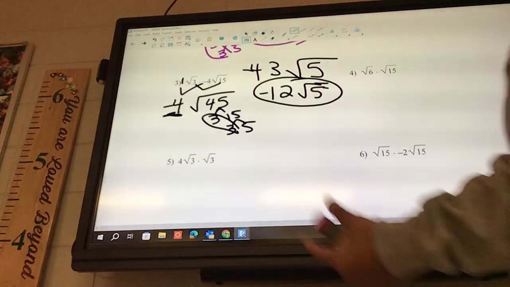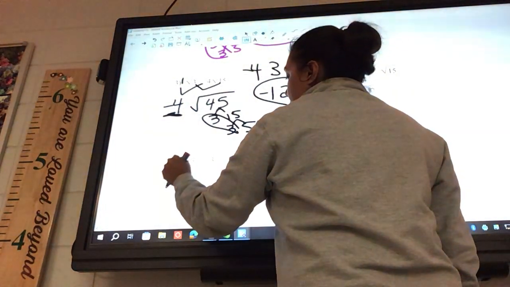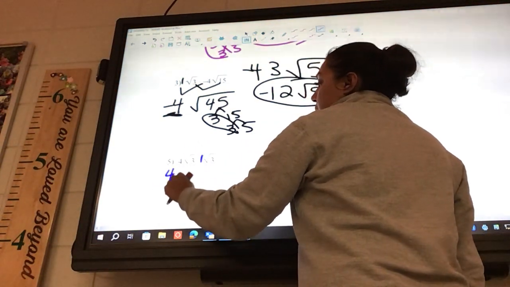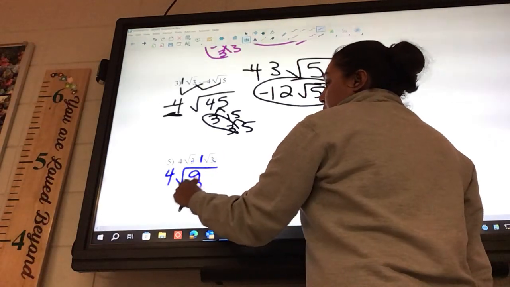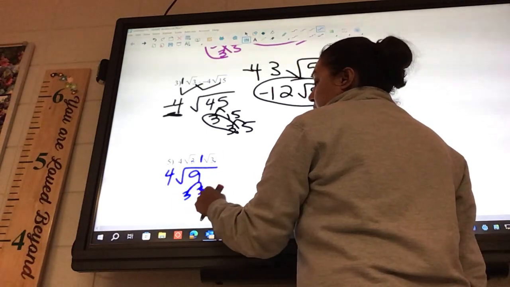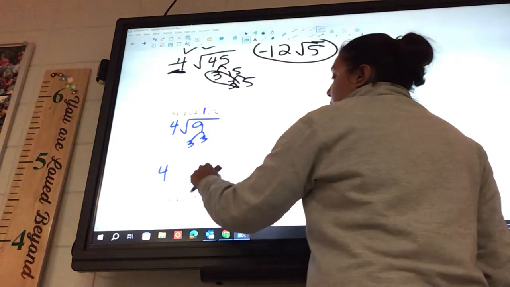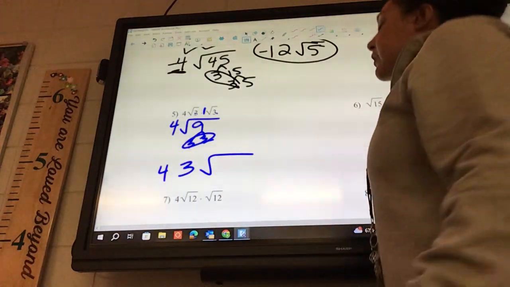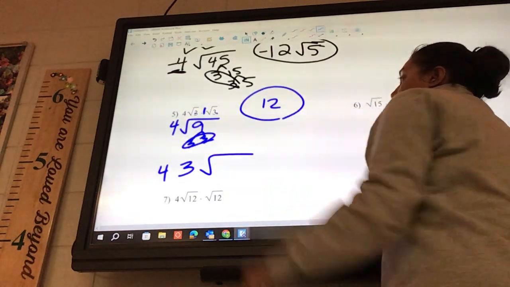Our indexes are both a 2, so we're going to multiply the insides together and the outsides together. There's really a 1 right here. So 4 times 1 is 4, square root 3 times 3 is 9. Well, 9 is 3 and 3. Again, before we even start, we're going to have 4 square root. The 3's can go, and there's nobody left on the outside, so it's just going to look like 4 times 3, which is 12, square root of nothing.